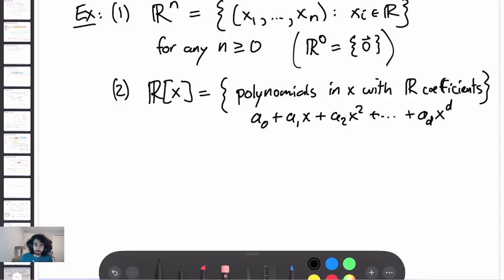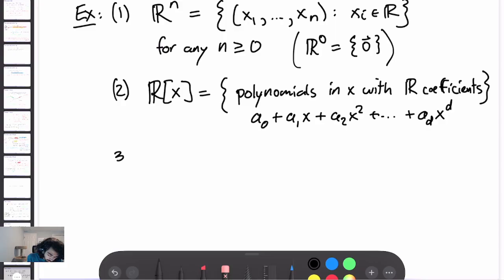So that's a perfectly good vector space. If I add two polynomials together, it changes the coefficients, of course, but it's not going to fundamentally change it from being a polynomial. You'll still have well-defined notions of constant, linear, and quadratic terms, etc.